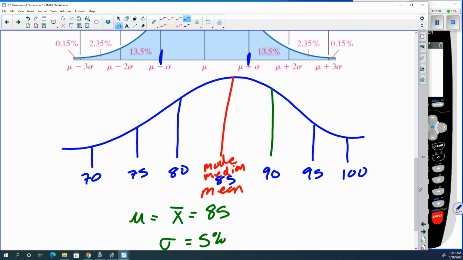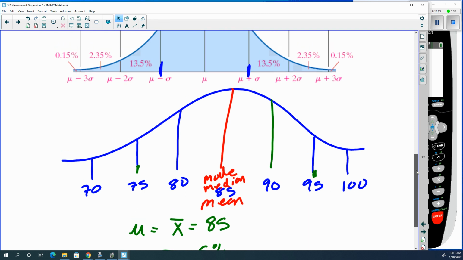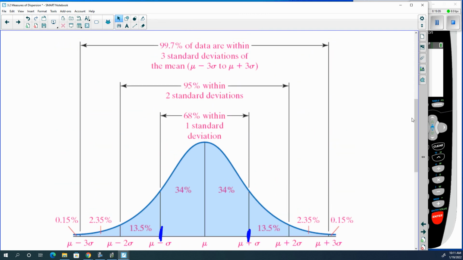And then 2 standard deviations above and below the mean. If I added the standard deviation twice, I would get up to 95, and if I subtracted it twice from the mean, I'd be down to 75. It says we expect 95% of the data to be within 2 standard deviations of the mean.